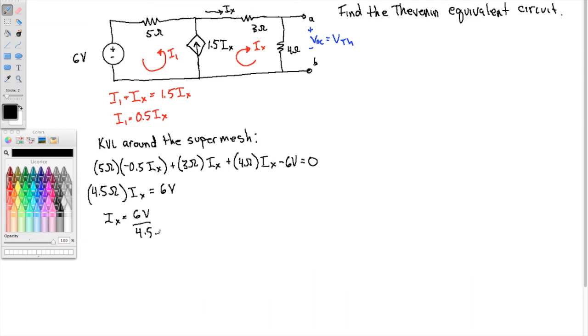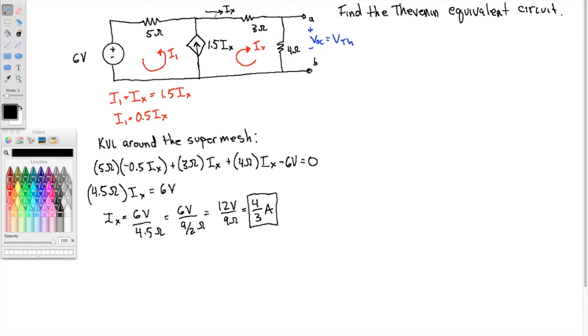Can we simplify that? 4.5 is 9 halves, so that is 12 volts over 9 ohms. There's a 3 there, so that's 4/3 amps. Ix is 4/3. So what's the open circuit voltage then?